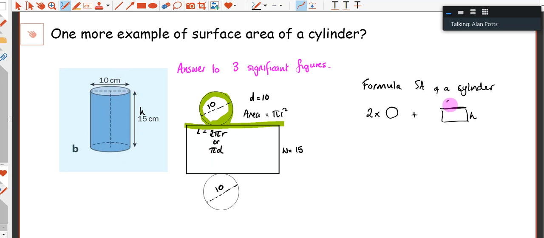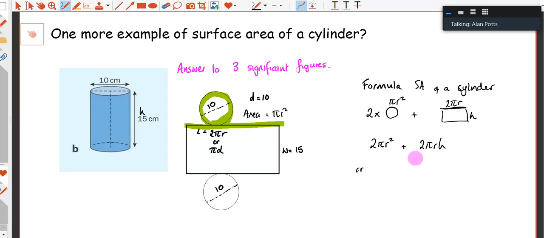So we could call it 2 pi r. The area of a circle is pi r squared. So if I were to write that out, I could have 2 pi r squared plus 2 pi r h.